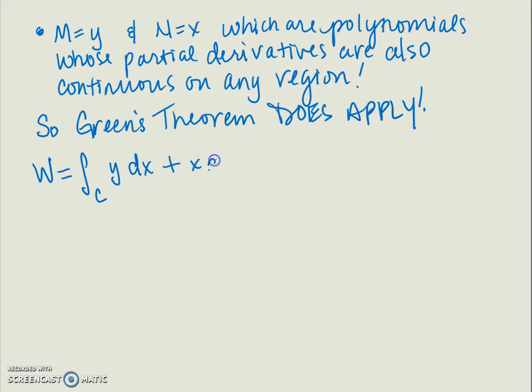So x dy. And that's going to be equal to the double integral over that region in the plane, the partial of N with respect to x minus the partial of M with respect to y, dA.